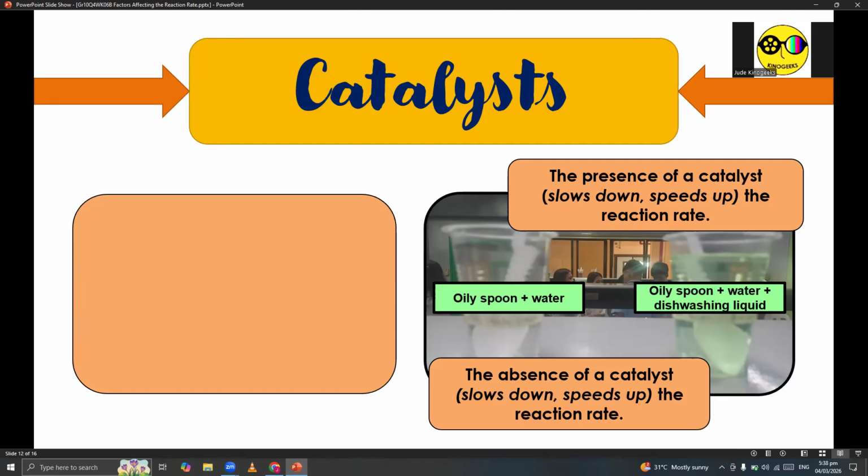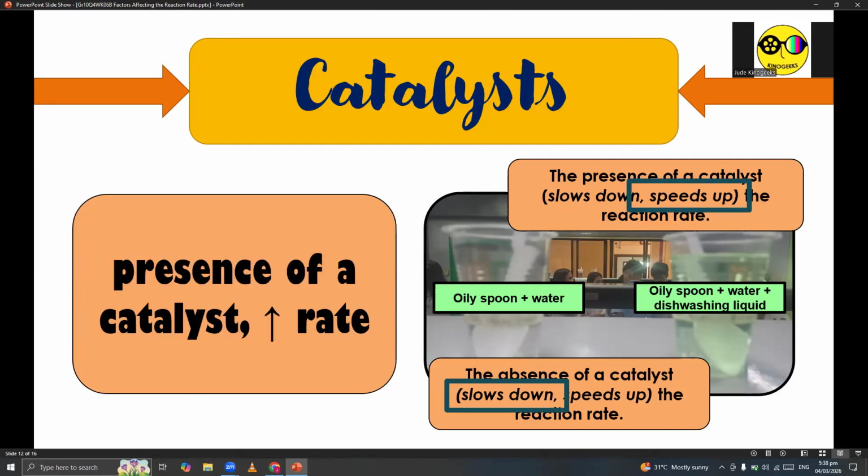So when you wash your spoon properly, it will remain clean and free of oil and grease. Therefore, the absence of a catalyst slows down the reaction rate, while the presence of a catalyst speeds up the reaction rate. So, if you want the reaction rate to speed up, aside from the previous factors, a catalyst must be present.